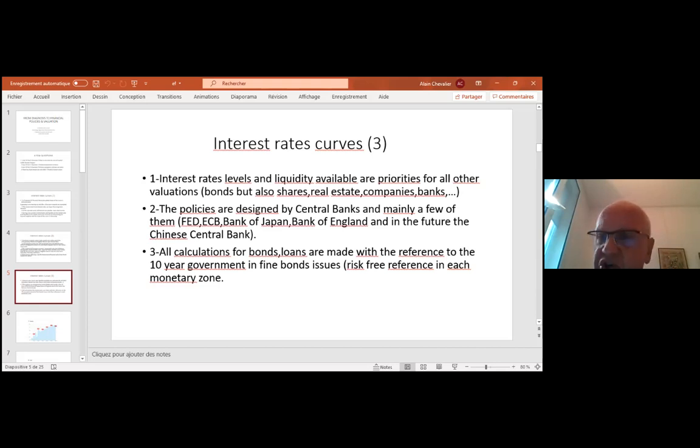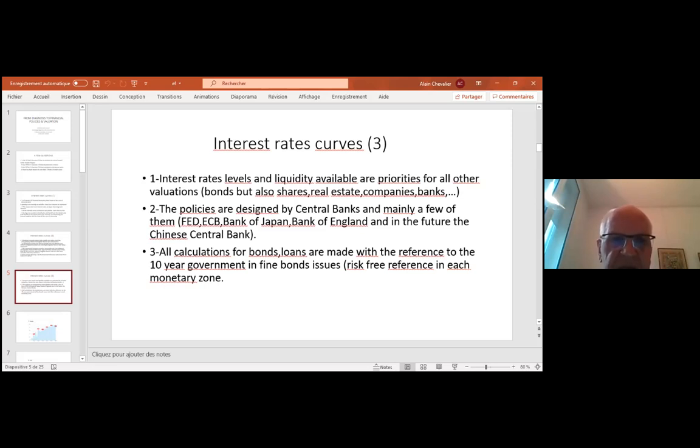On the contrary, short-term interest rates are fixed, managed by central banks, and are not really connected to the real economy. Of course, one way or another, these two categories of interest rates are connected because you can borrow on the long term and lend on the short term. You can make arbitrage between the two categories of rates. But basically, they are fixed in different ways.